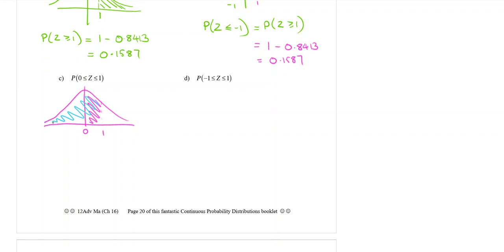That was my original question. Because it's perfectly symmetrical, this part here that I don't want would be half. Total thing is 1. It's going to be half on the left, half on the right. So I just want to subtract off 0.5. So the probability that Z is between 0 and 1 would be 0.8413 minus a half, which is 0.3413.